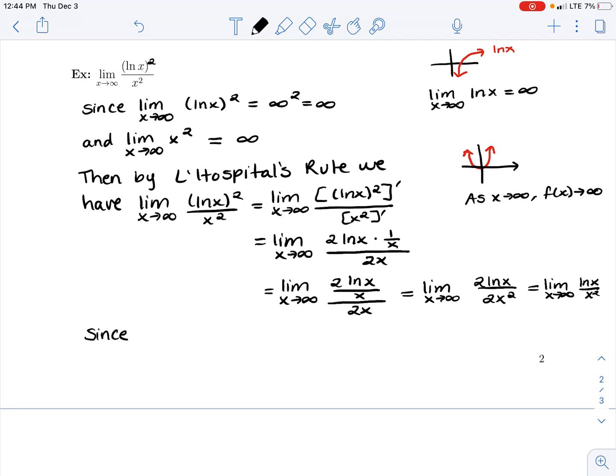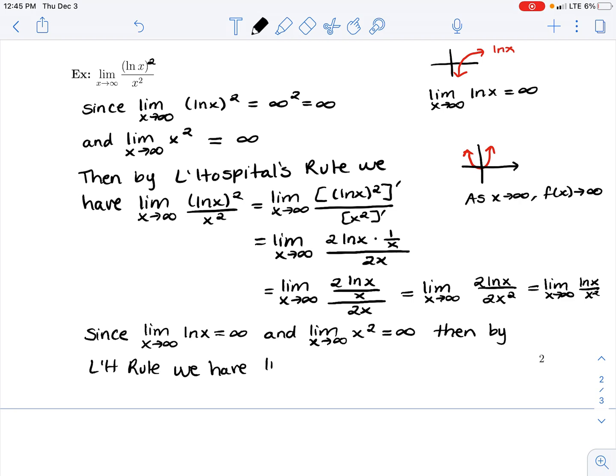So basically rewriting everything how College Board wants us to, right, where we say, okay, well, the limit of the numerator is equal to infinity and the limit of the denominator is equal to infinity.